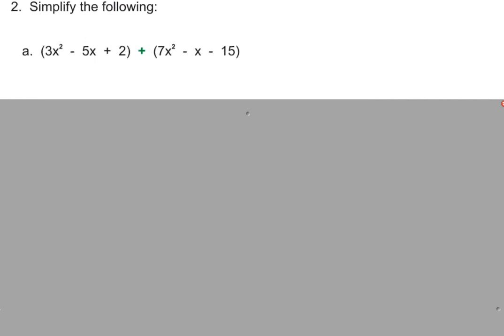And the answer is no, because it's addition. So really none of the parentheses are needed. Just go around and add up the like terms. 3 of them and 7 of them, right? We're back to like first grade, 10 of them.